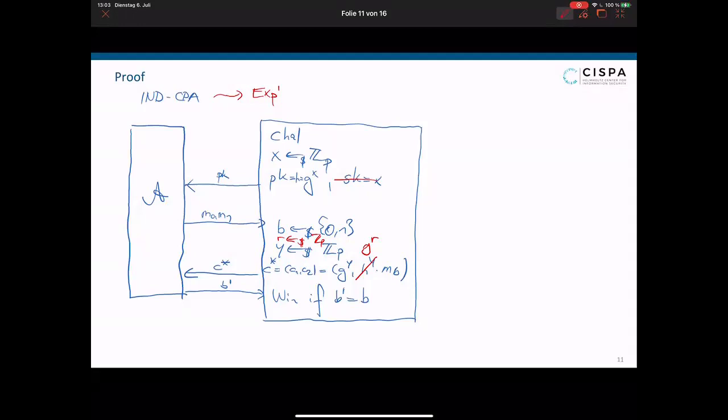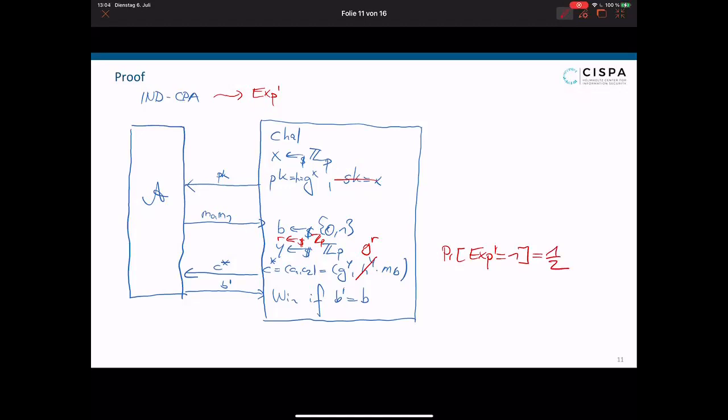One half, someone writes in the chat, and that's correct. Since he gains no information with C star, this is exactly correct. So the probability that X prime outputs 1 is exactly 1/2.